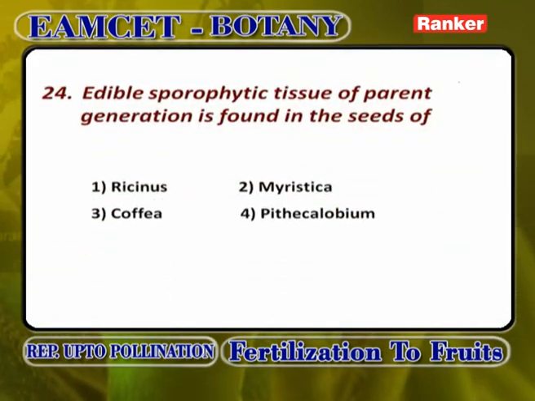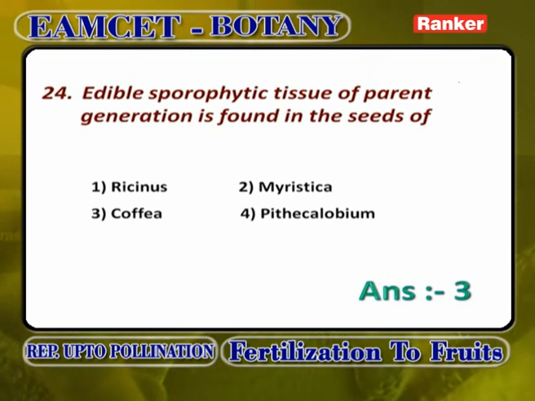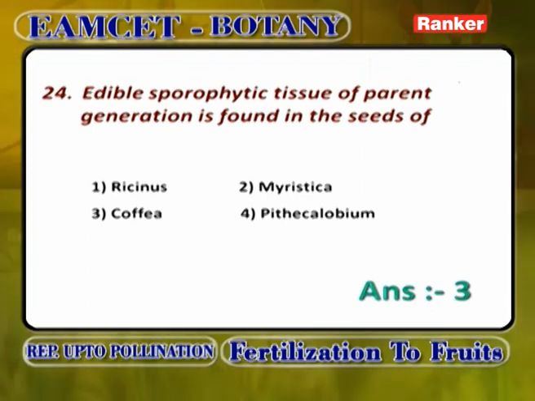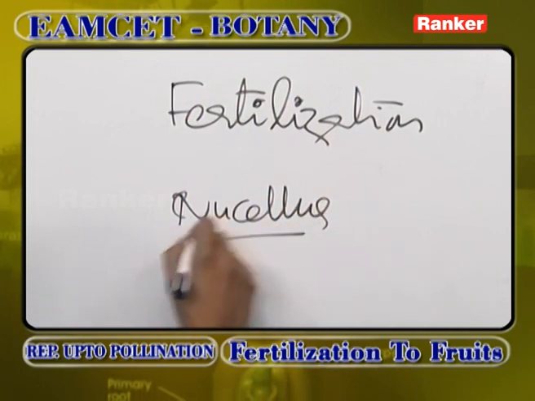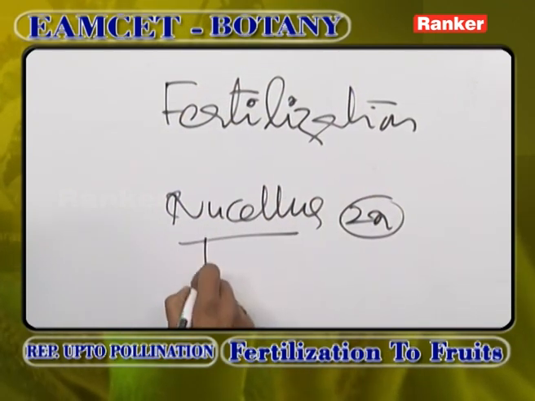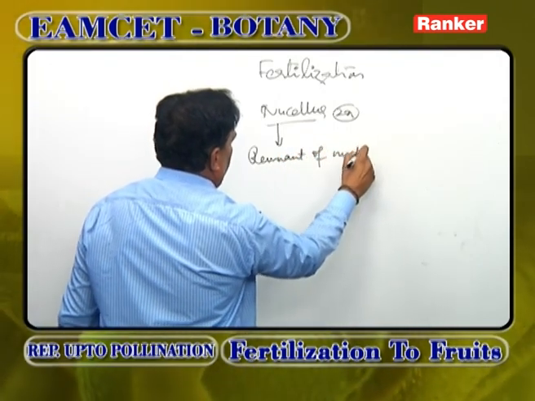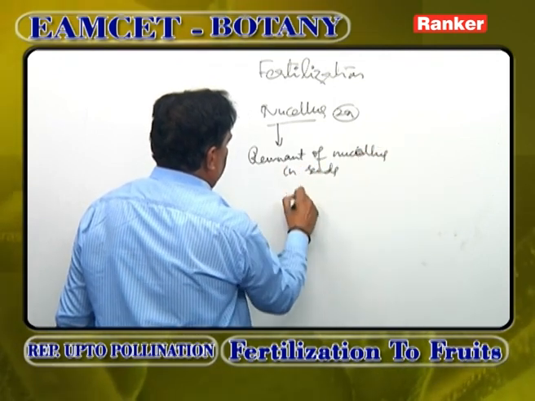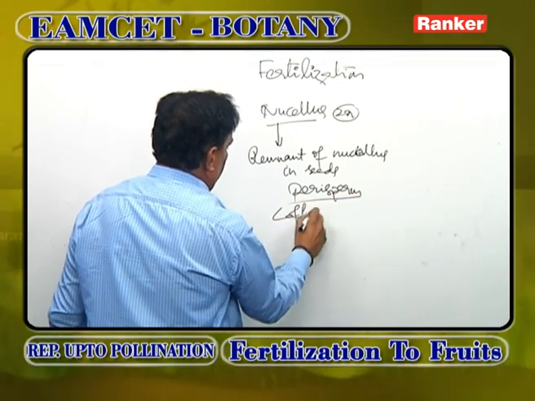Next, edible sporophytic tissue of parental generation is found in the seeds of. Edible sporophytic tissue means nucellus. Nucellus is the parental diploid tissue. The remnant of nucellus in seeds is called perisperm. So perisperm is edible in Coffea arabica.